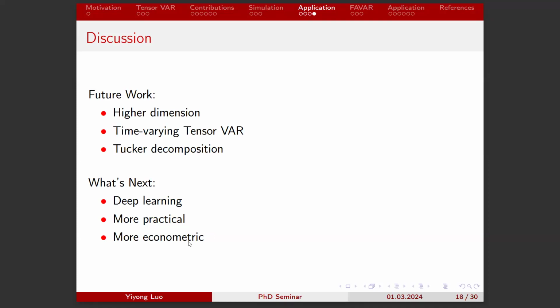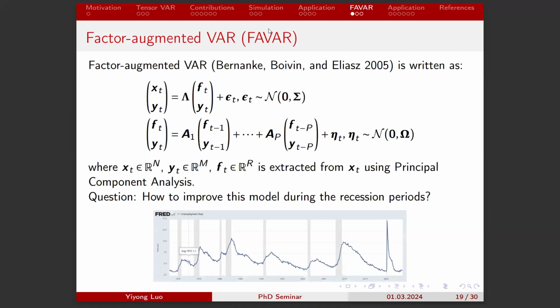But for the second one, we would like to make it more macroeconometric. So for our second research topic, we focused on a model called the factor augmented VAR. It is still a variation of VAR because in the second equation, you still have the VAR structure.